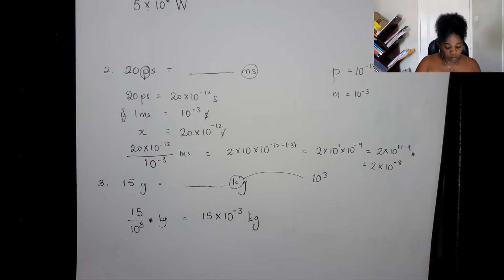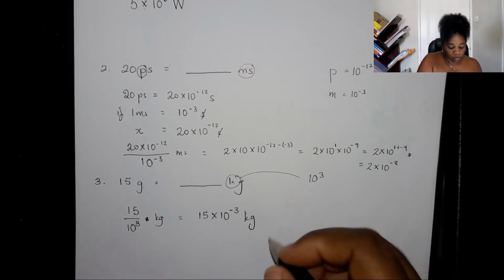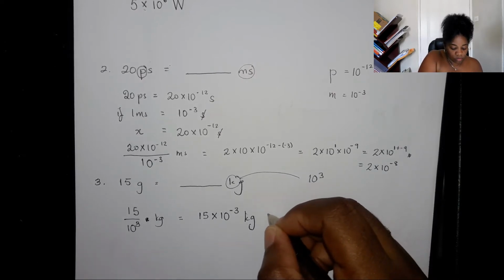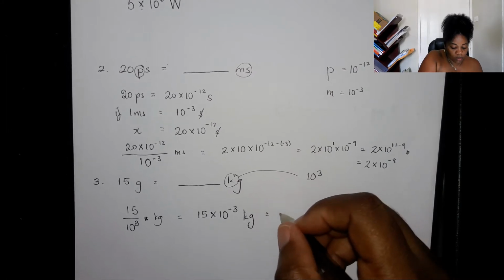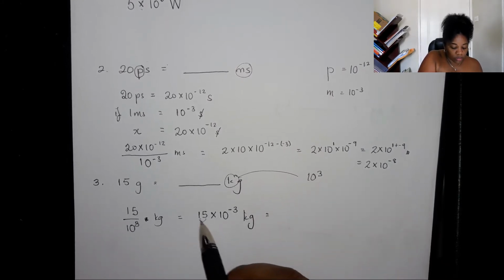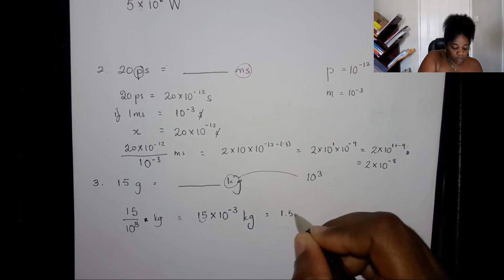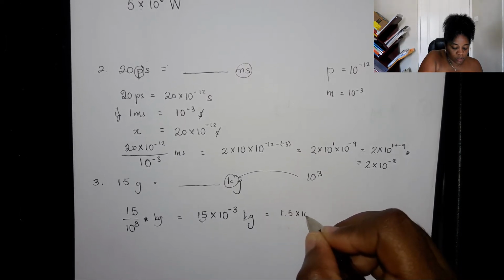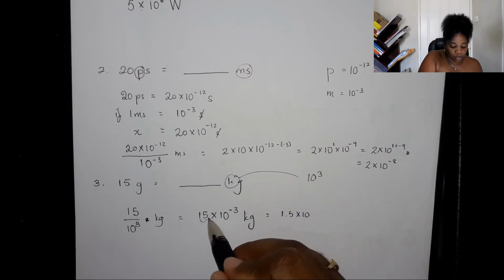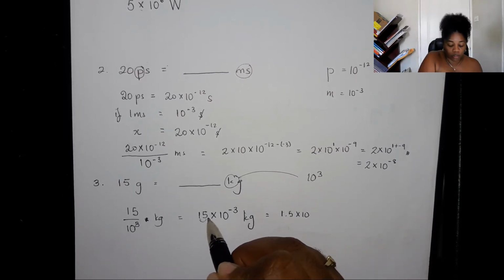Great. And if you want to have just one sig fig, because this is two sig figs here, you're going to say 1.5 times 10, right? Because the point here, your imaginary point, will be going to the left.